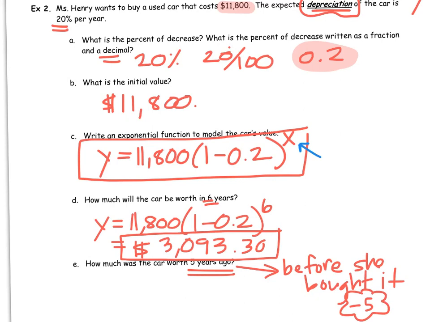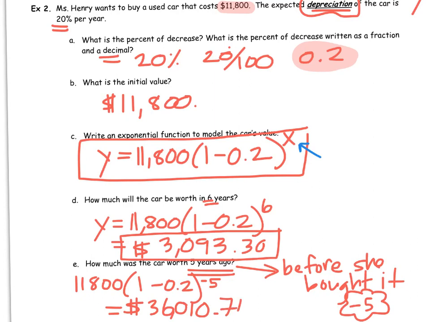So I should plug this into my calculator. 11,800, 1 minus 0.2. And as an exponent, I will plug in -5. When I plug that in carefully, I get $36,010.74. That car was worth a lot more money 5 years ago.